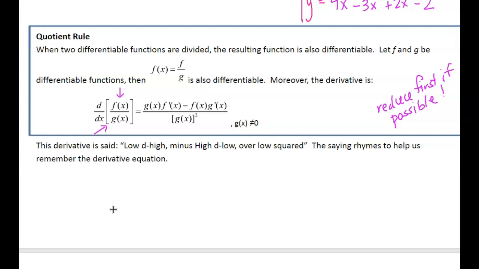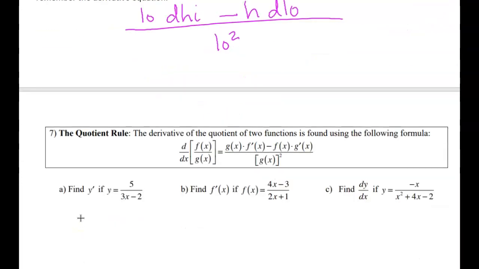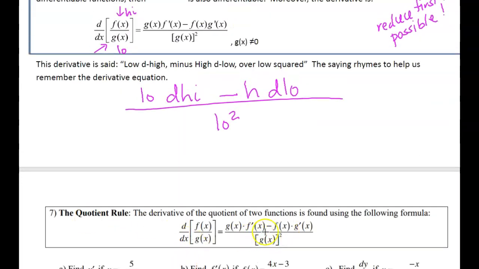So this is the shortcut already. Now, this thing is a little harder to memorize, but it really does flow. So the way it's written is I think of the bottom as low and the top is high. So it's low d high minus high d low all over low squared. And it's kind of like yodeling. After you say it like 3 times, you really will memorize this, okay? So I don't memorize all that notation.